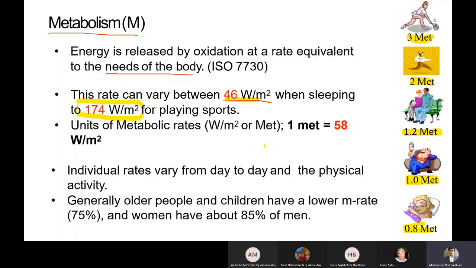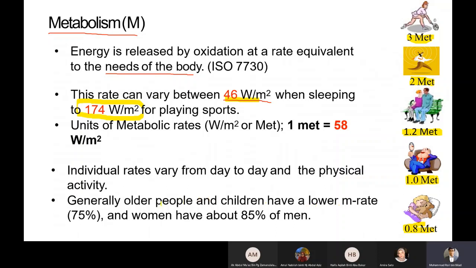Of course, this rate is an average, and it depends on a lot of parameters: your body, your height, your weight, the activities you do, and age as well.